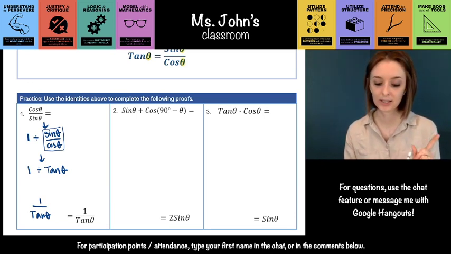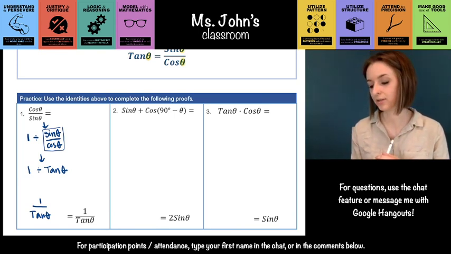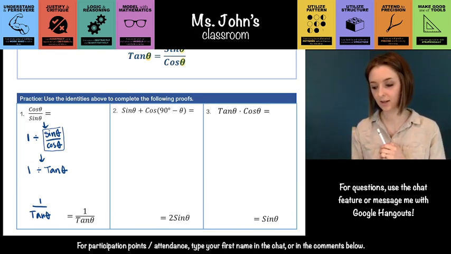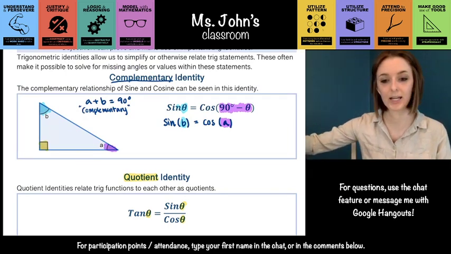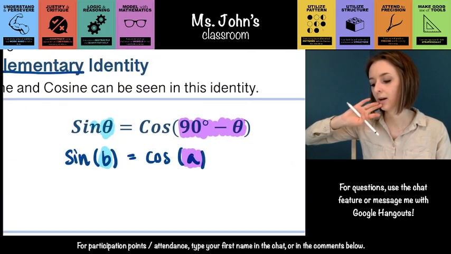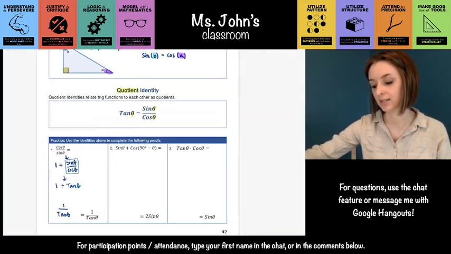So number 2, we have sine of theta plus cosine of 90 minus theta. You might notice already that this is going to be using the first identity we talked about, sine of theta equals cosine of 90 minus theta.